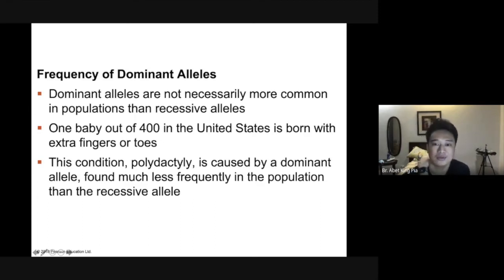One baby out of 400 is born with extra fingers. But that gene is actually dominant. Pero lesser siya in the population kasi most likely, mas maraming tao in the gene pool ang merong recessive allele. Ayun.